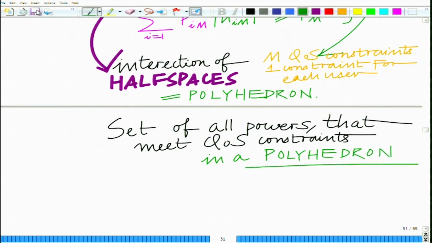So to optimize the powers that are transmitted to the different users by the base station, one has to consider the set of all possible powers that lie inside a polyhedron for this optimization problem.